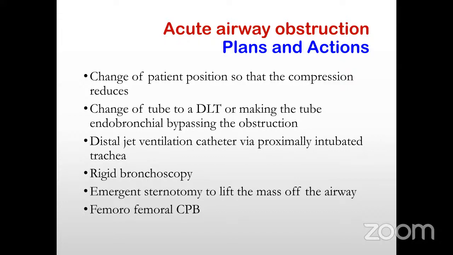You should be a little well versed about rigid bronchoscopy also because through rigid bronchoscopy, these structures can be lifted up and airway patency can be maintained. And at times, it may be required, especially with malignant structures, because they are infiltrating and then they collapse. You may not be able to lift up. An emergency sternotomy to lift the mass off the airway is also required. And hence, the surgical presence should be there for management of these patients.